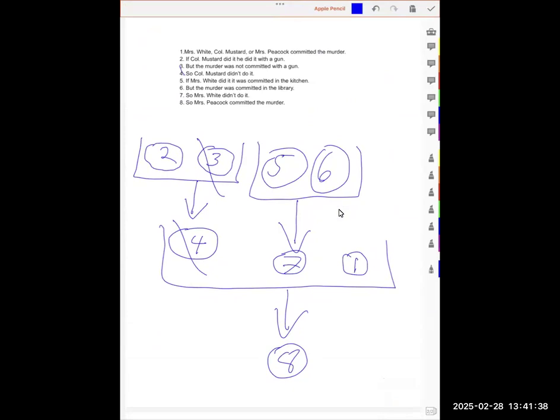So hopefully this gives you a better idea why diagramming arguments is valuable. It really allows us to see how things fit together and to take it piece by piece and evaluate it rather than just this whole block of text and argument and trying to think about it all at once. All right. So also hope this gives you some idea that arguments can get very complex.